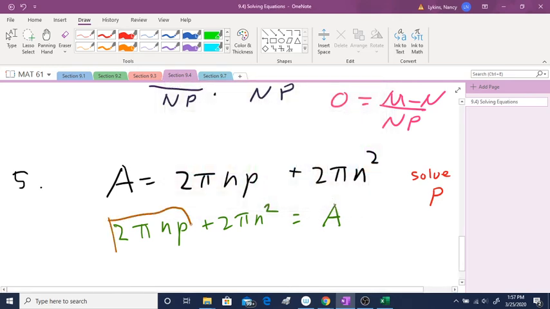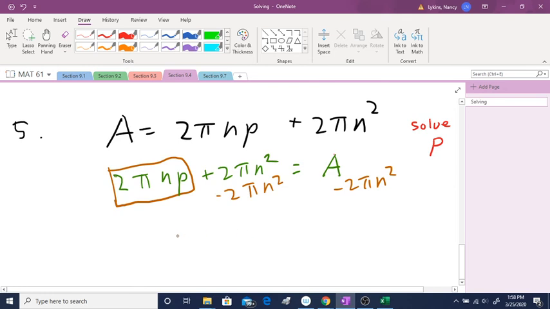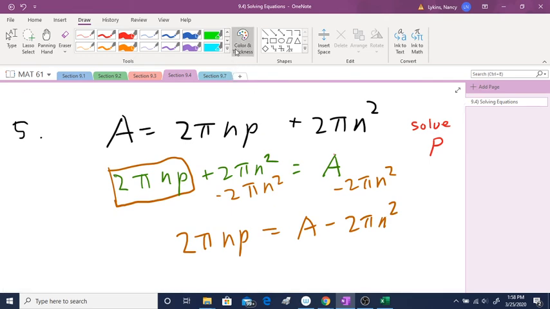So I'm going to protect all these, 2 pi N with the P. That means I'm going to subtract my 2 pi N squared from my A. Now these are not like terms, so we cannot, I repeat, cannot combine those. So 2 pi NP equals A minus 2 pi N squared.